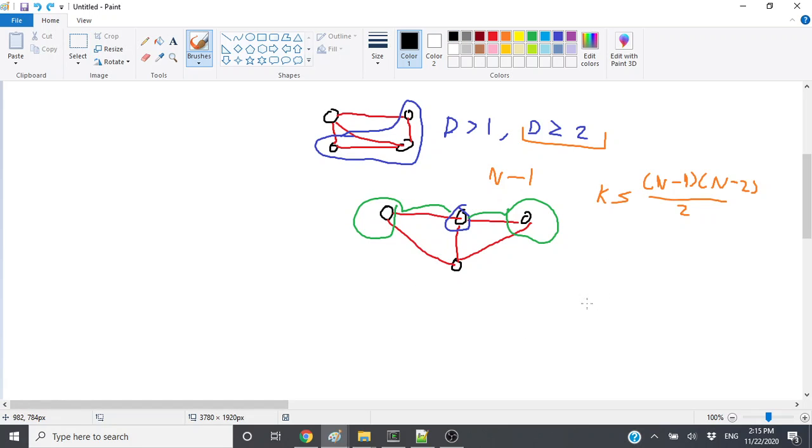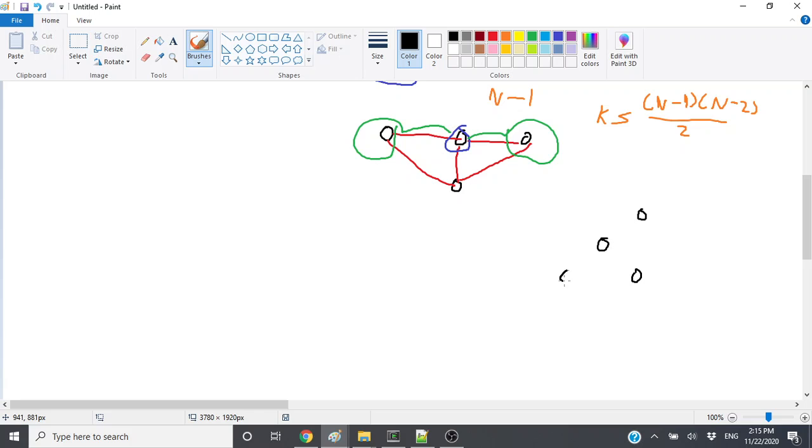So the idea now is we can get exactly this number, right? The way we do that is we make a star graph. We put a single node in the center, and then everything else is adjacent to that node. For example, here. Now, this node will form a pair with every other node, not the center.